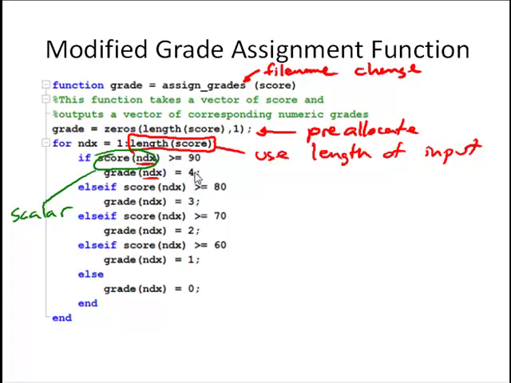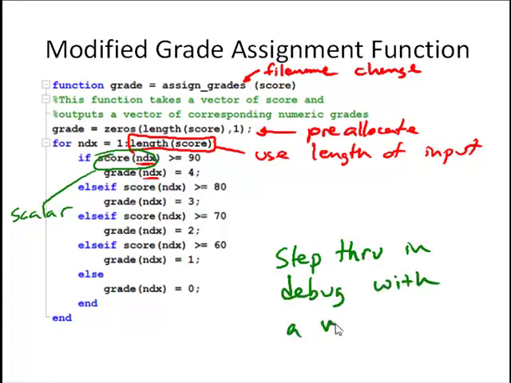So what I'd like you to do is to step through this one in the debug mode with a vector of scores as an input, and try that one yourself. I think that'd be really valuable. Look at how this function builds this vector of grades. And now let's look at another example.